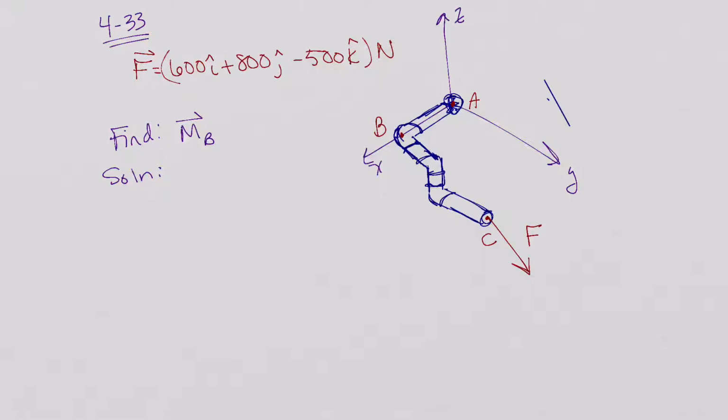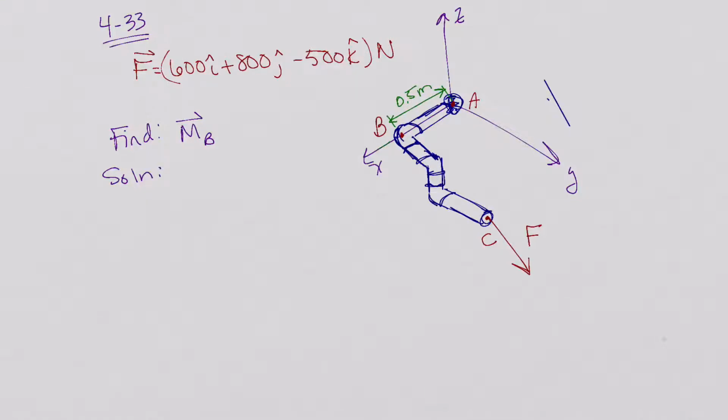This is problem 433. I recommend looking in the book because I'm not sure how great my drawing is. But basically you have this pipe assembly that's subjected to a force at F. And we have some stuff about the dimensions here.